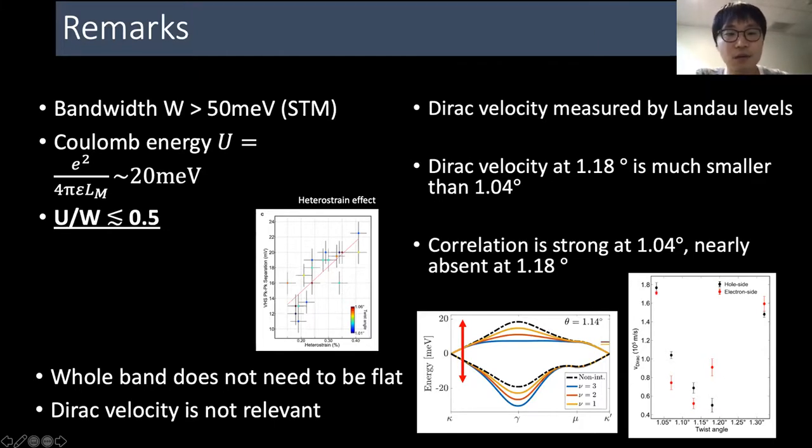So we think that the whole band does not need to be flat. Instead, only a part is sufficient for correlation. And Dirac velocity, for example, in this calculation is not changing that much, so it is probably not relevant.